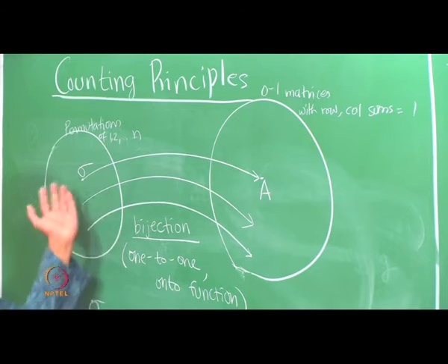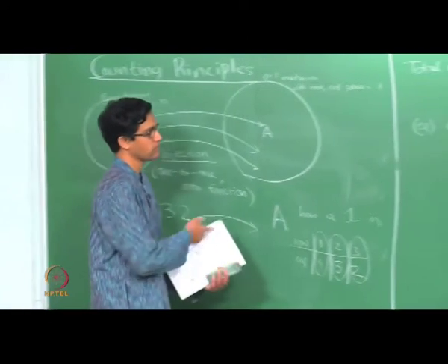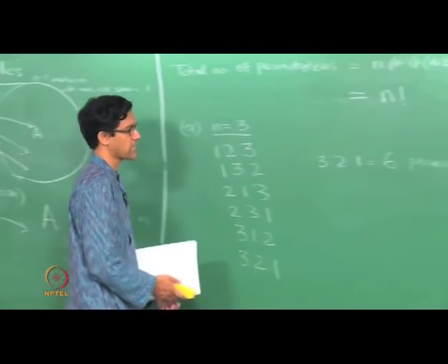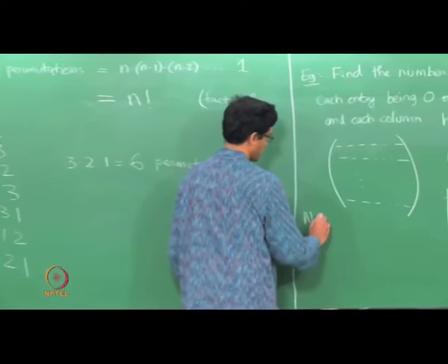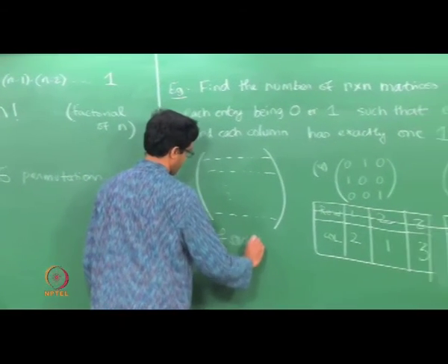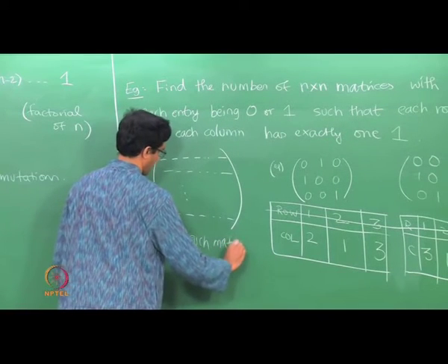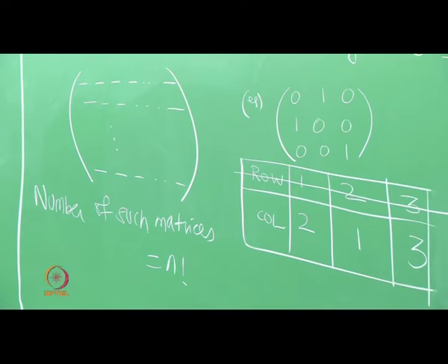So when two sets are in bijection, they of course have the same number of elements. So the number of matrices which has that property is exactly also n factorial. Okay. So the number of such matrices is also n factorial.